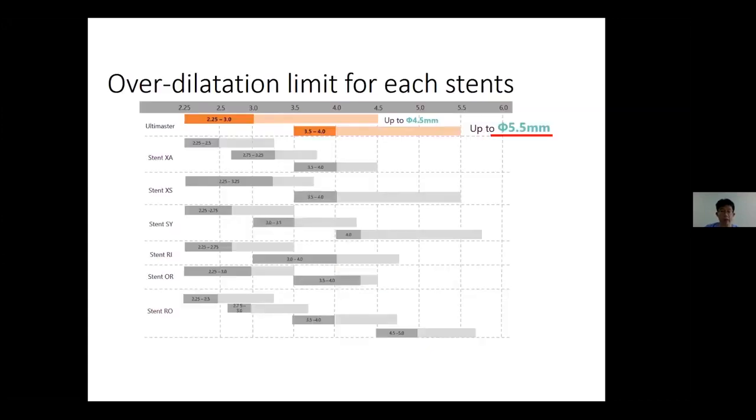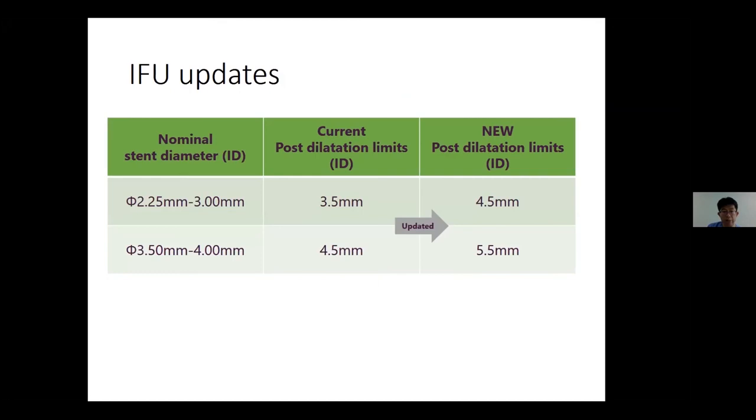The over-dilatation limit for each size: the Ultimaster 4.0 stent can be dilated at most to 5.5, okay. The IFU update changed. For Ultimaster sizes 3.5 or 4.0, 5.5 is okay. Actually, the 3.0 Ultimaster stent can be dilated at most to 4.5. But the 4.0 Ultimaster stent, 5.5 is okay.